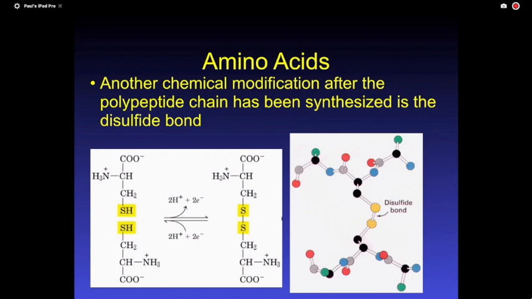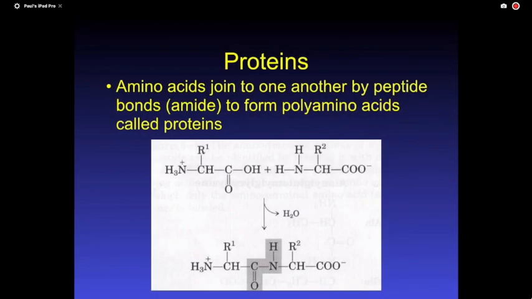This disulfide bond is very stable, and it is very limiting to the flexibility of a protein. And so disulfide bonds are one of the derivatives of amino acids that is very influential when we talk about its full structure. And so the disulfide bond I wanted to introduce to you. Ultimately, we said it was a polymer.